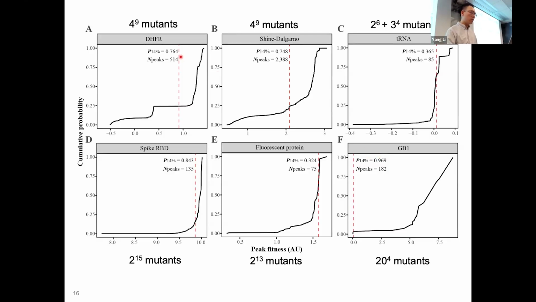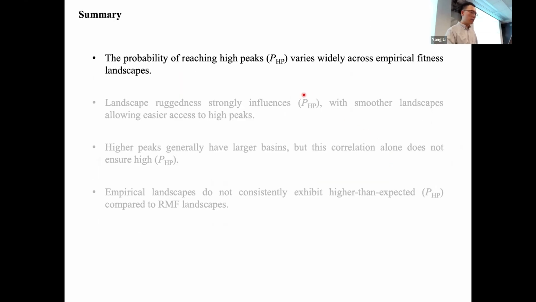That means reaching a high peak is not always with high probability, because some are only 30%, and some protein landscapes are 90%. So the first conclusion we think is that the probability of reaching a high peak varies widely across the empirical landscapes.